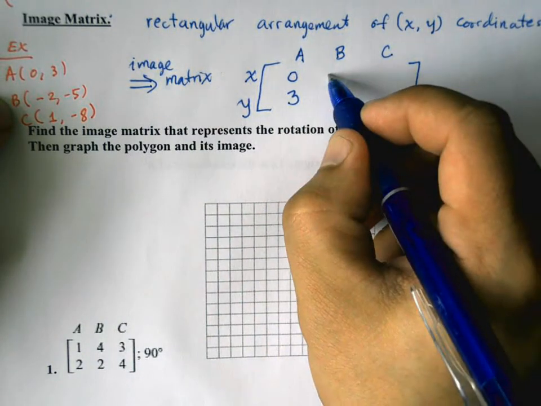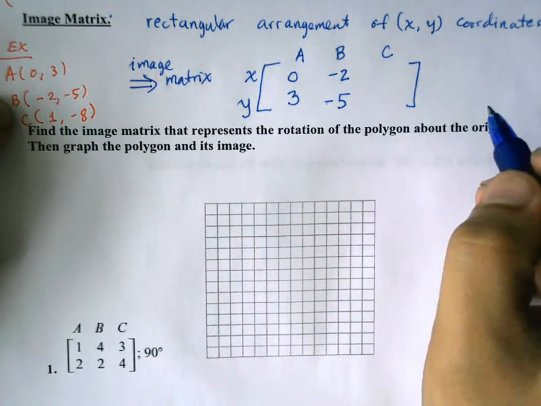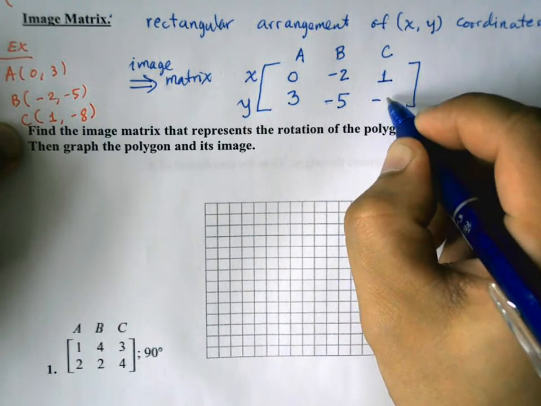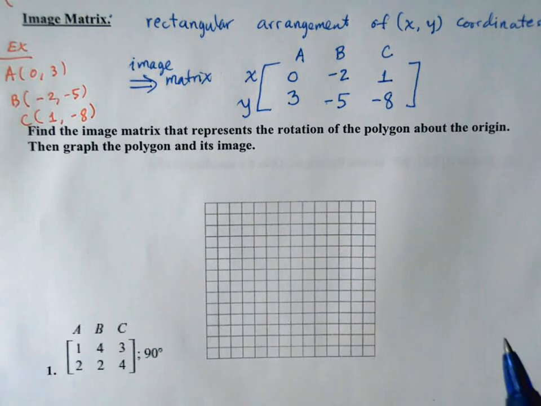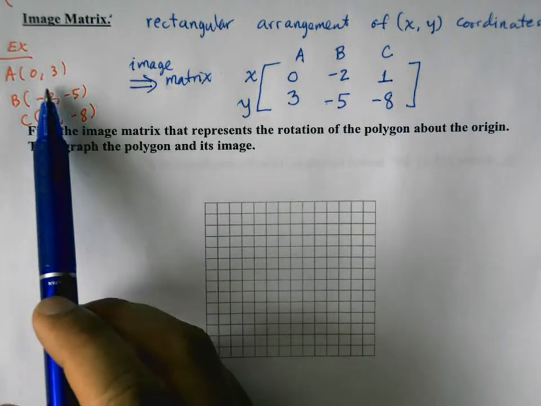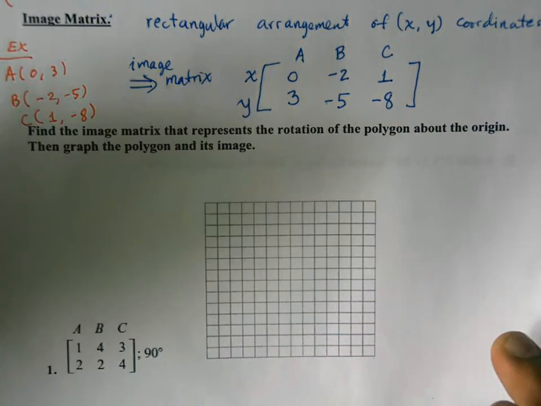B, -2, -5, so -2 for the x-coordinate, -5 for the y-coordinate. C, +1 for the x-coordinate, and -8 for the y-coordinate. So again, this is just another way for us to represent coordinates. Instead of listing them out like this, we can write it as an image matrix.